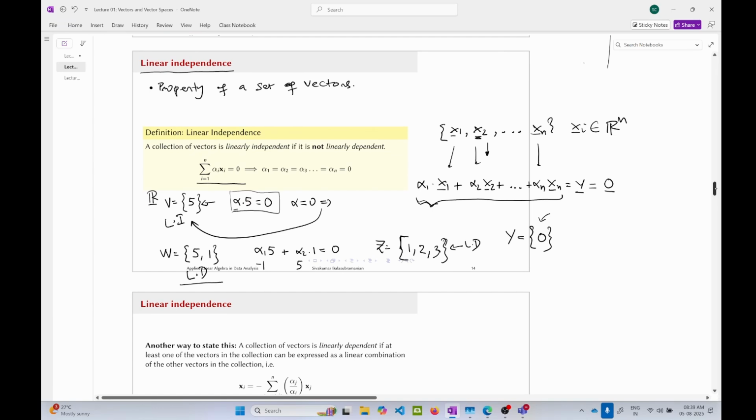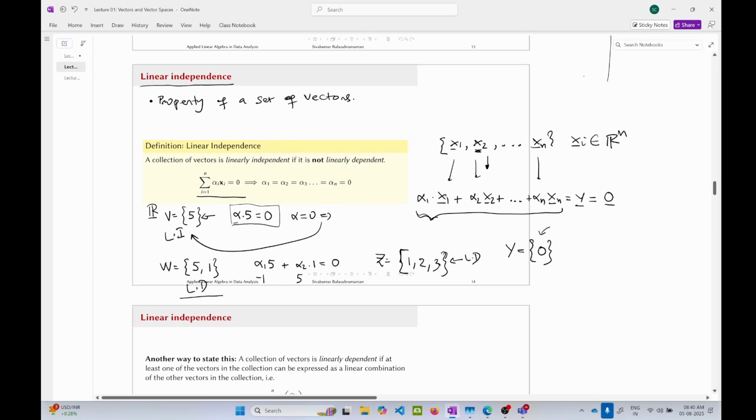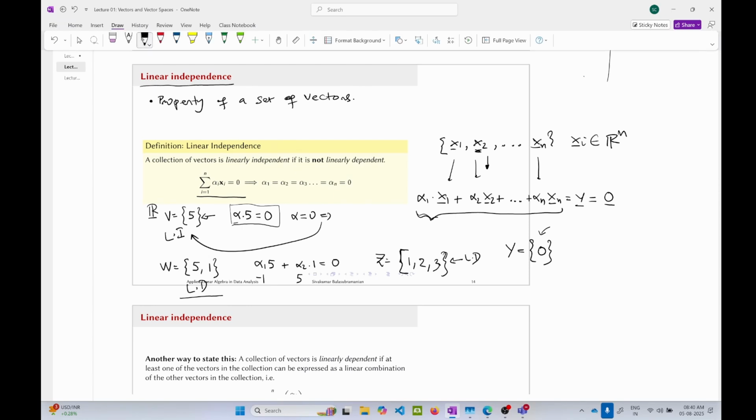But we look at the geometry associated with linear independence.